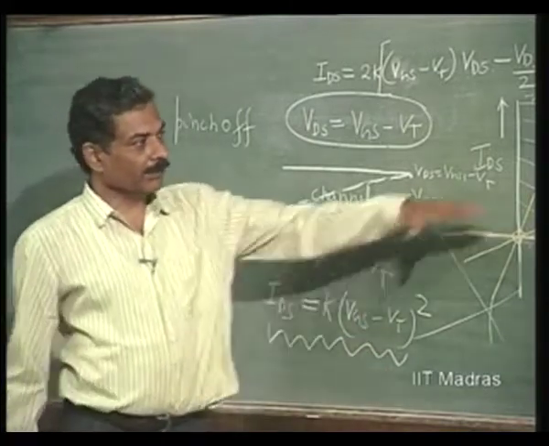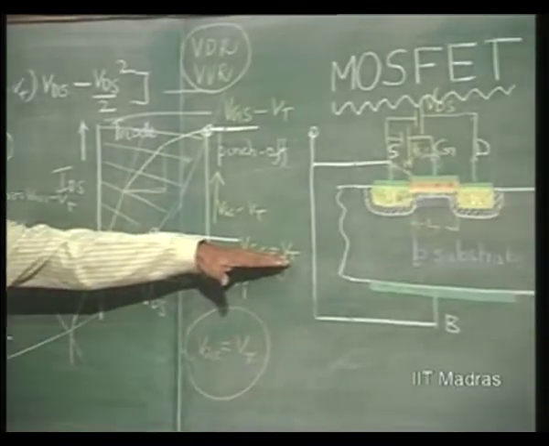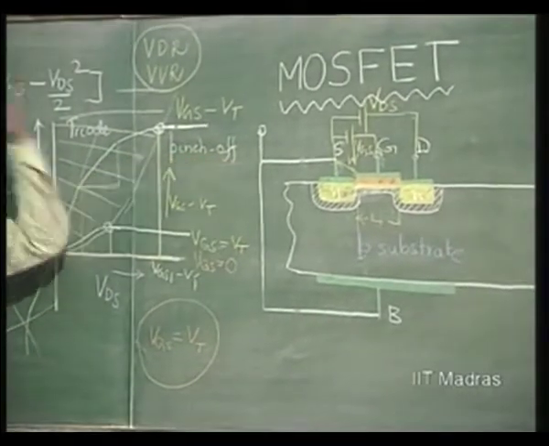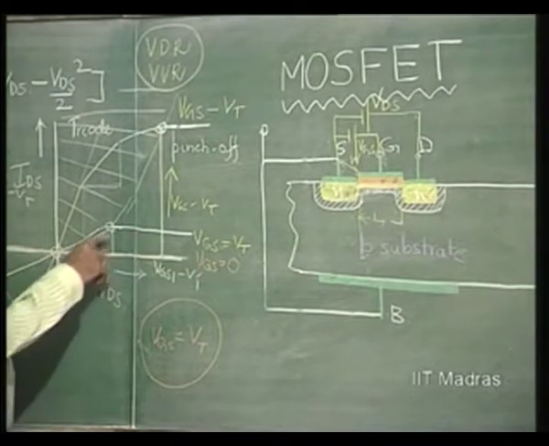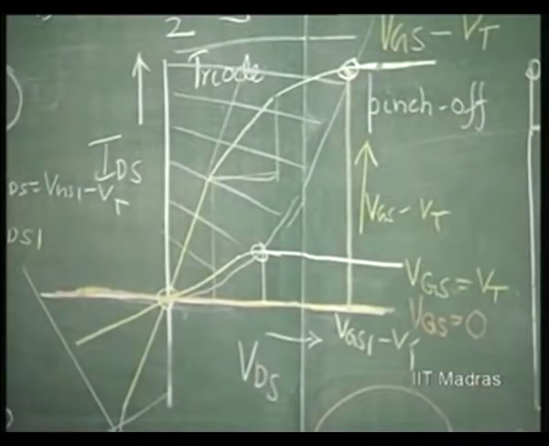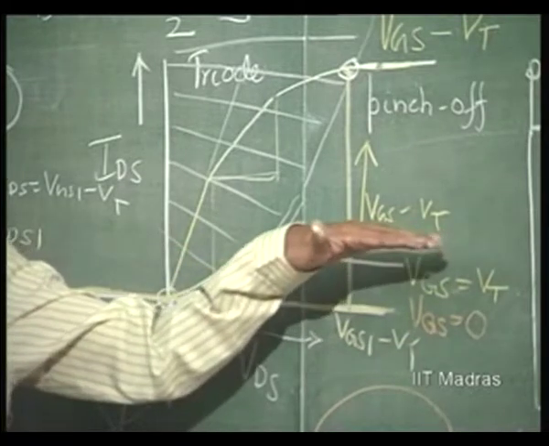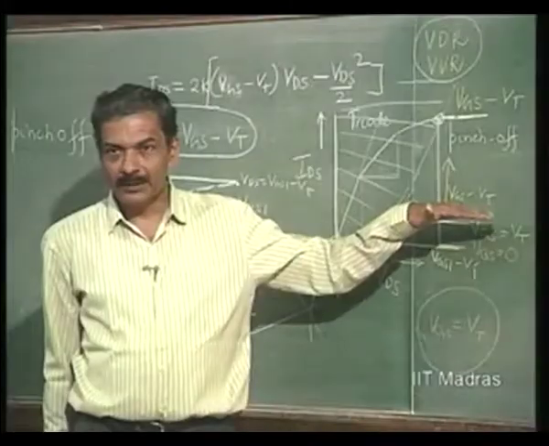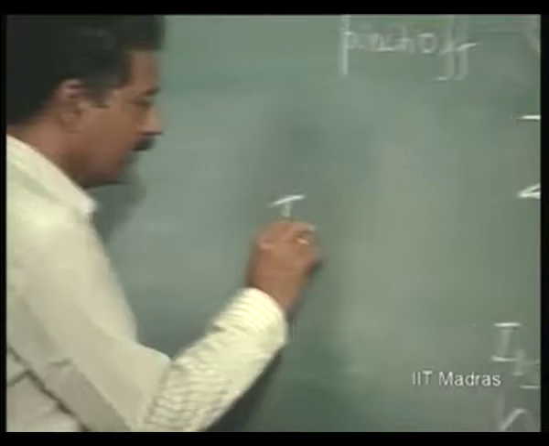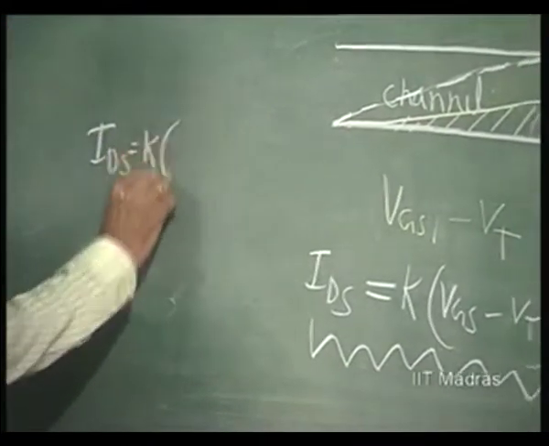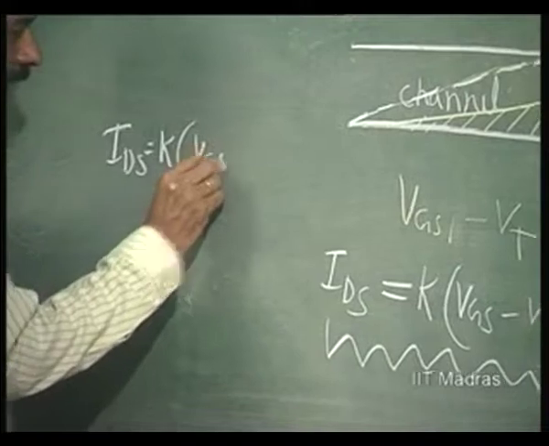Now, this is similar to transistor current going to saturation here, but with one difference: it is not true that this current is really independent of VD. Just as we had the early effect discussed in the BJT, where the current was still dependent upon VCB, here the current is not really independent of VGS, VDS.